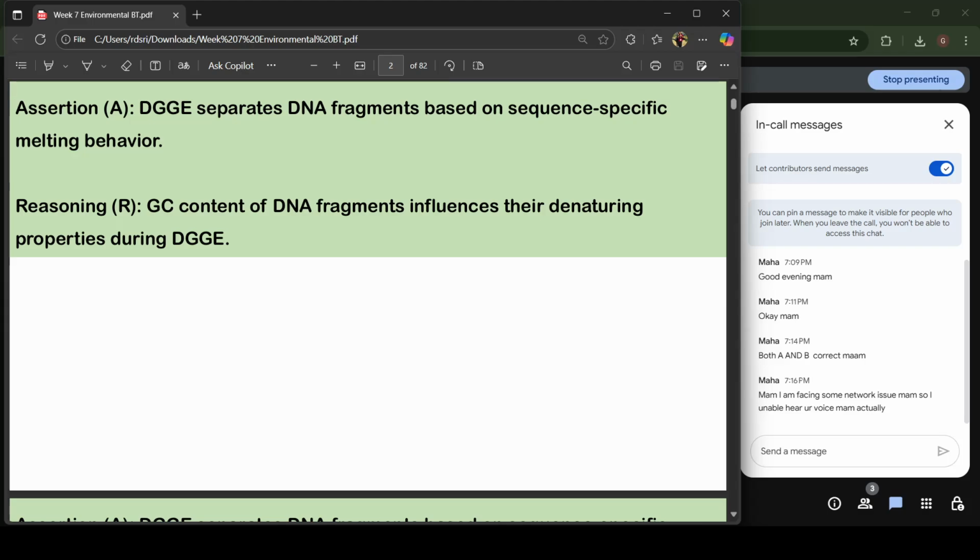We will have different concentrations of denaturing agents which will break the DNA as the electrophoresis moves on. Based on the sequence, the denaturing will happen, and because of that we will get the DNA bands at different locations in the electrophoresis. So this is the principle of DGGE, and your answer is right.